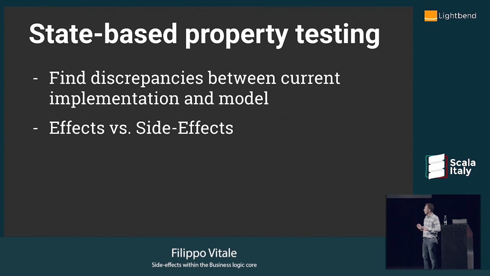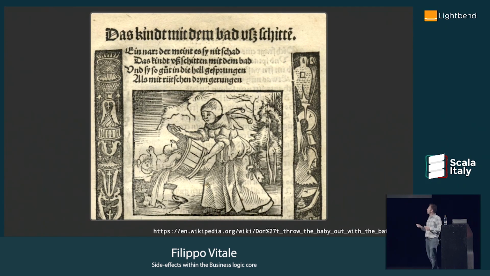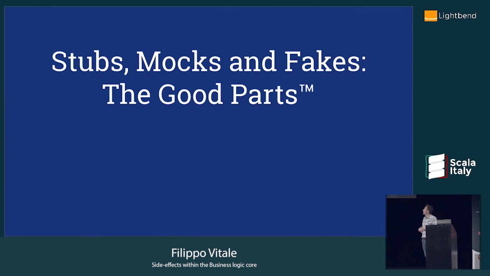I would like to mention something very important about mock objects: we shouldn't throw the mock objects out with the bathwater. Because there are scenarios where, if I look back at the last decade, mock objects have been very helpful to me. And I think there are good parts to mock objects.